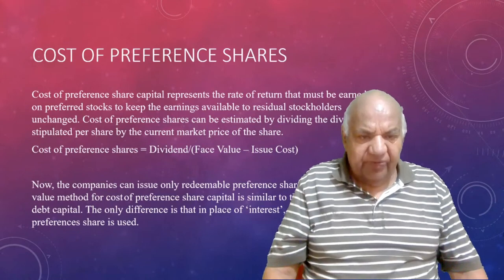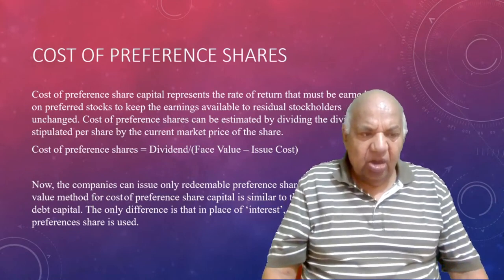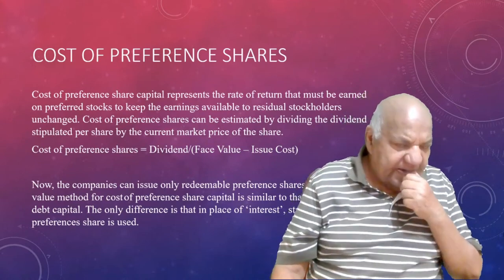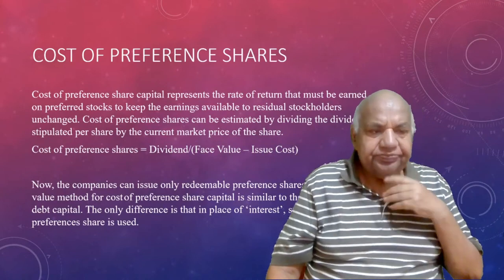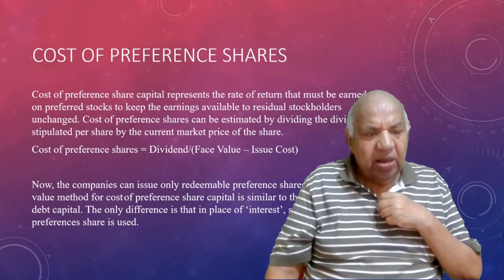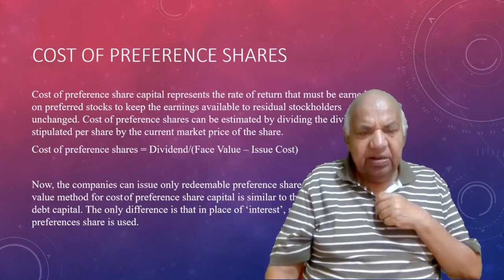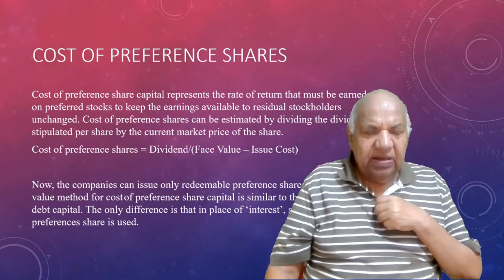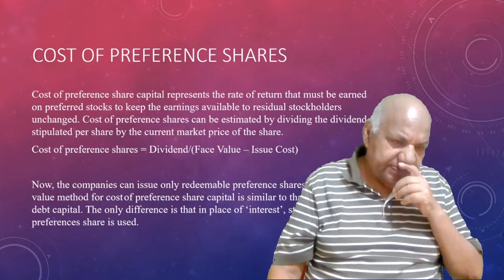Cost of preference shares can be estimated by dividing the dividend stipulated per share by the current price of the share. Or in the form of a formula, cost of preference shares equals dividend divided by face value minus issue cost.